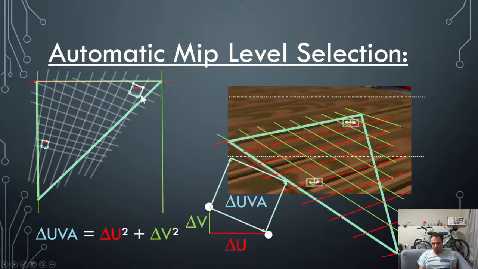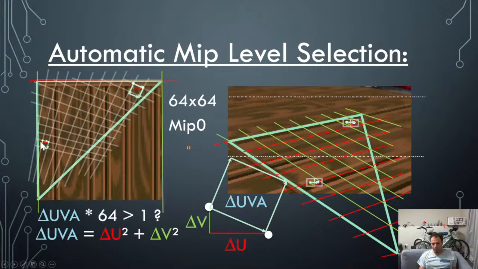Here is capturing more and here is capturing less. If we have a 64 by 64 texture, that's MIP level 0, a very low resolution texture for this particular case, then we have a texel size that is really small.